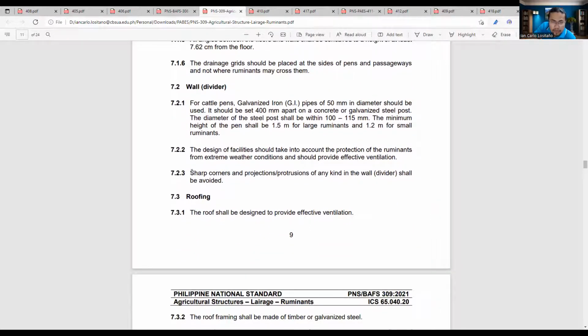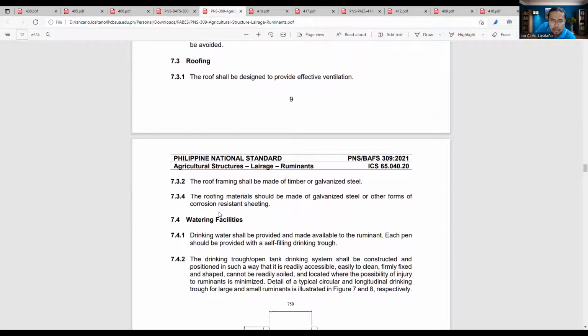Similarly, you have the avoidance of sharp corners. Roofing: a good ceiling height to promote ventilation. Roof framing shall be made of timber or galvanized steel. The roofing materials should be made of galvanized steel or other forms of corrosion-resistant sheeting.